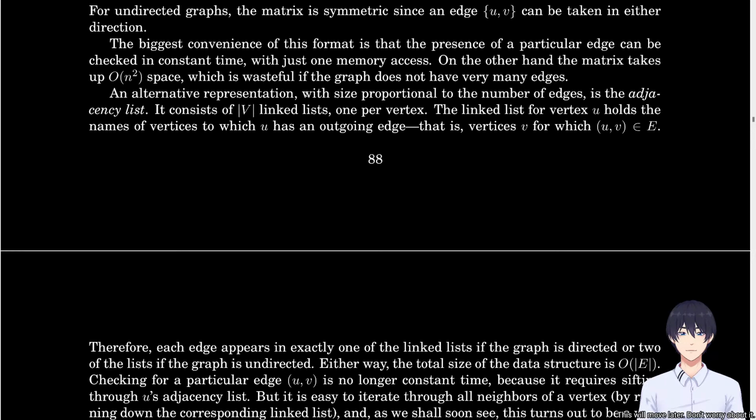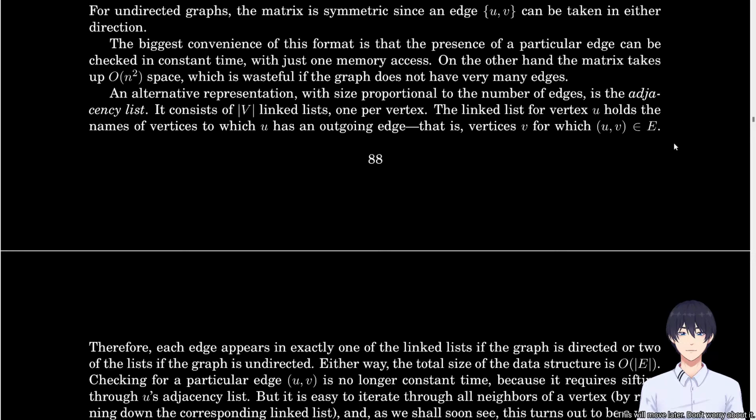Okay, an alternative representation. Adjacency lists. It consists of some linked lists, one per vertex, and the linked list for vertex U holds the names of vertices to which U has an outgoing edge. That is, vertices V for which UV is in the set of edges.